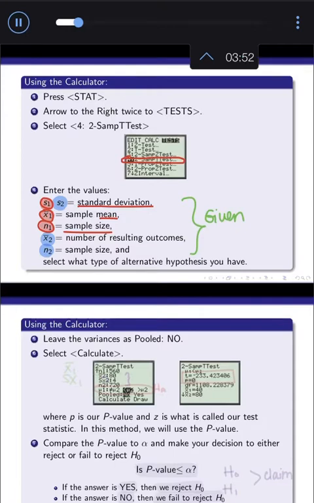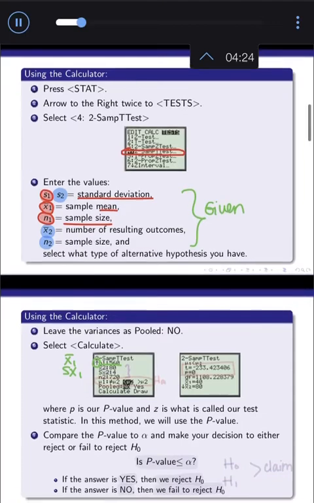Okay. So let's take a look at what it'll look like in our calculator. So when we do our two-samp t-test, we'll enter in, you can't see it based on what the printout here is, but see there's a little arrow here. That means we already entered in our x1 bar, that means our sample mean, and our SX1, which is our sample standard deviation for the first set. And then we can see the rest. We can see the sample size for the first group.